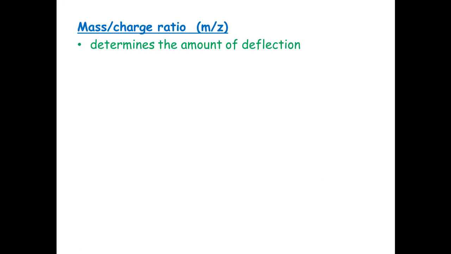Because there's two factors, the mass and the charge, which can be responsible for the bending or the deflection, we come up with what's called the mass to charge ratio. And it's important that we consider both of these when we're trying to determine the mass of an isotope.